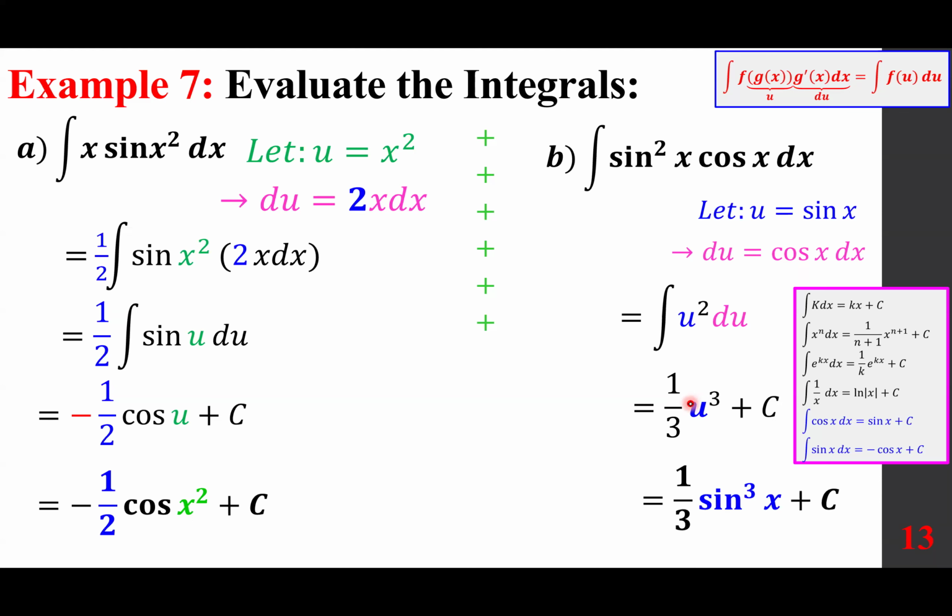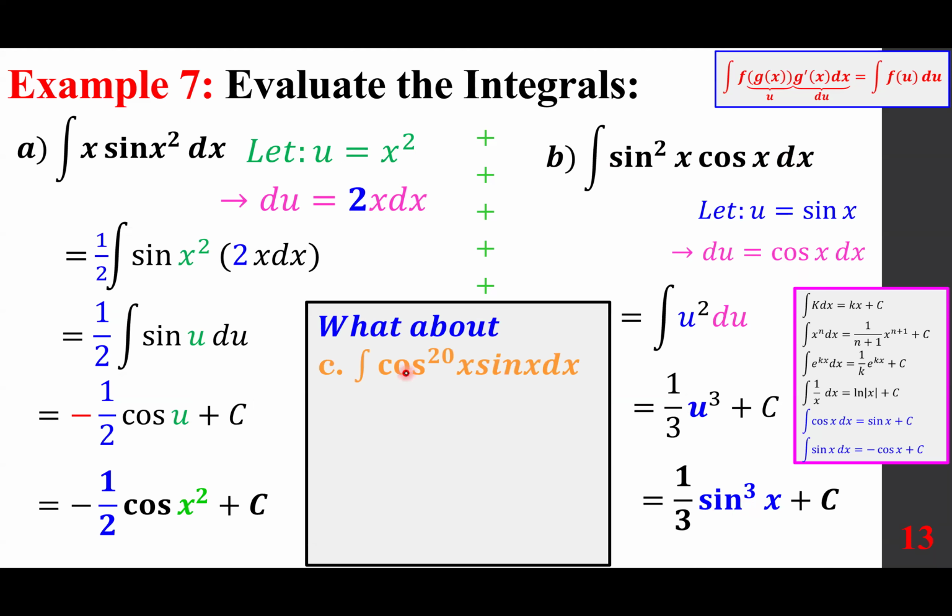One-third sine cubed x plus c, or one-third of sine x to the third power. It means the same thing. And as always, if you differentiate this, it must give you this one without the dx. So sine and cosine, both of them are involved. The one that has the exponent is a choice of u without the exponent. So what about this one?